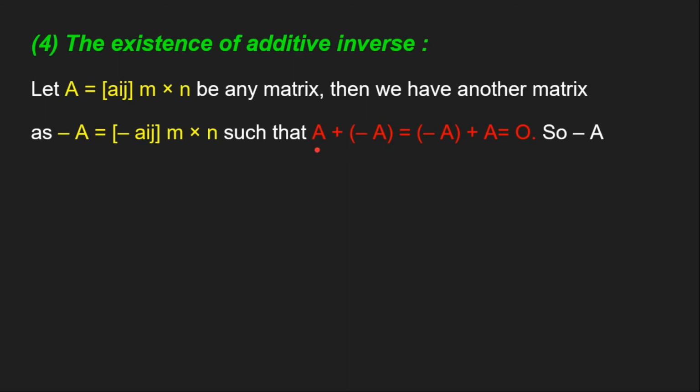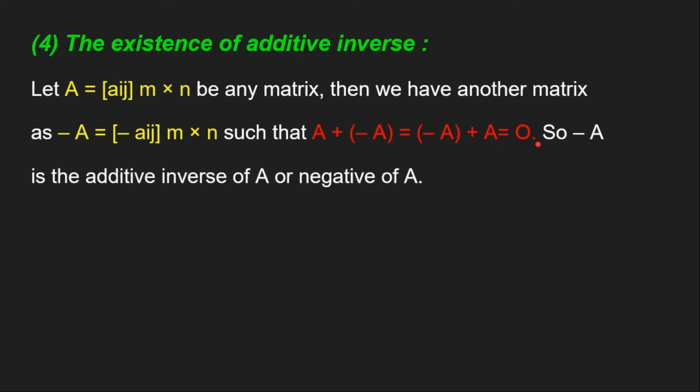Suppose you have a matrix A and another matrix which is the negative of A. If you add them, in the end you will always get the zero matrix, or O. So you can say that minus A is the additive inverse of A, or the negative of A.